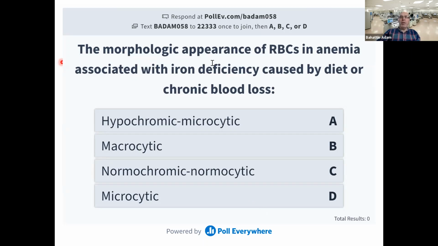What is the morphologic appearance of red blood cells in anemia associated with iron deficiency caused by diet or chronic blood loss?